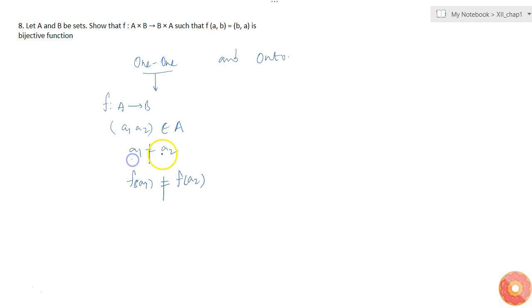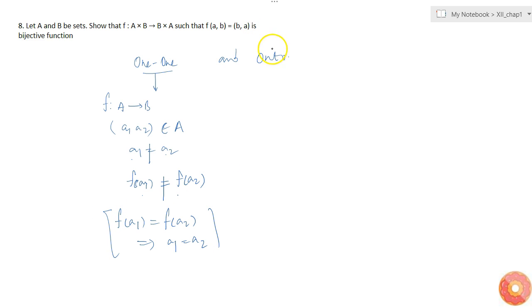If a1 and a2 are the same, then the images can be the same. It can alternately be said that if we find the images to be the same, that is, if f of a1 is equal to f of a2, then that must imply a1 is equal to a2. Only then it's called a one-one function.